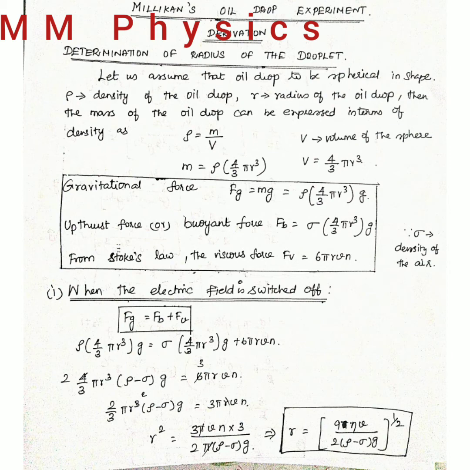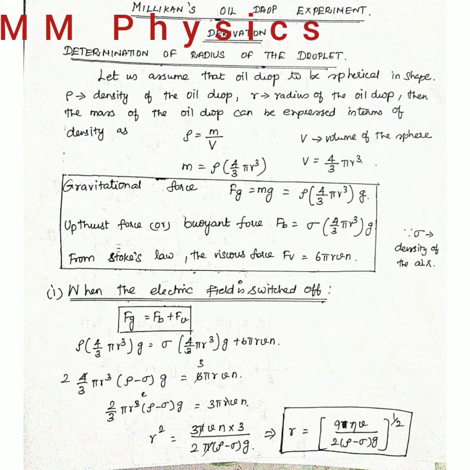Substituting the values of Fg, Fb and Fv, that is rho into 4/3 into pi r cube into g equals sigma into 4/3 into pi r cube into g plus 6 pi r nu into v, we get the value of r equal to 9 nu v divided by 2 into (rho minus sigma) into g, the whole to the power 1/2.